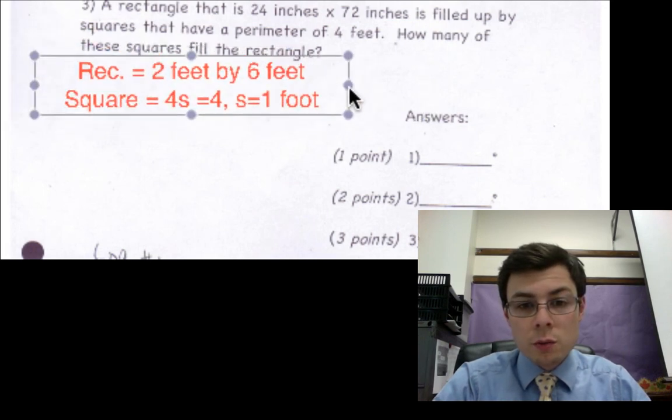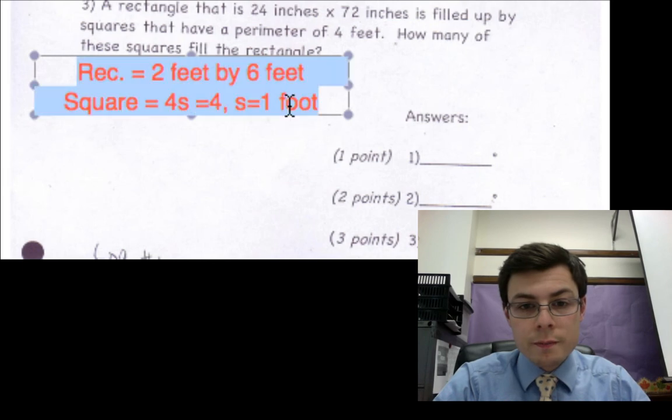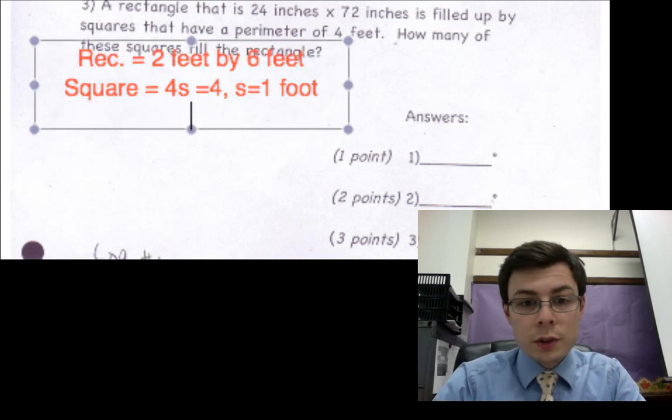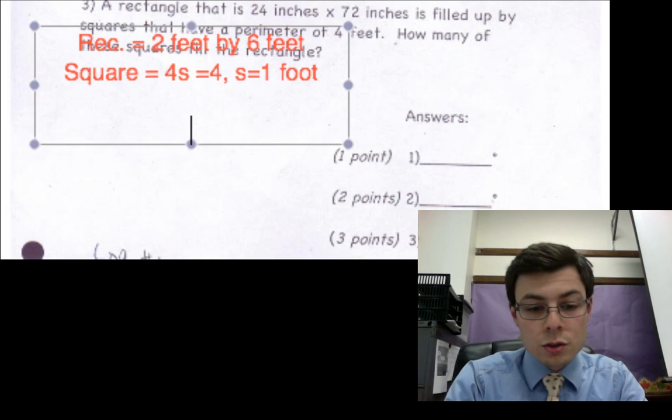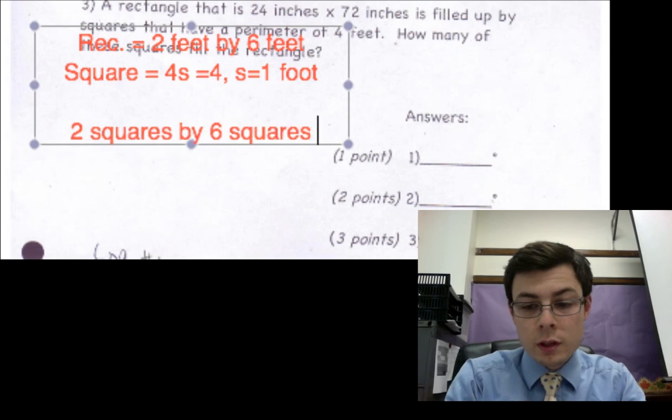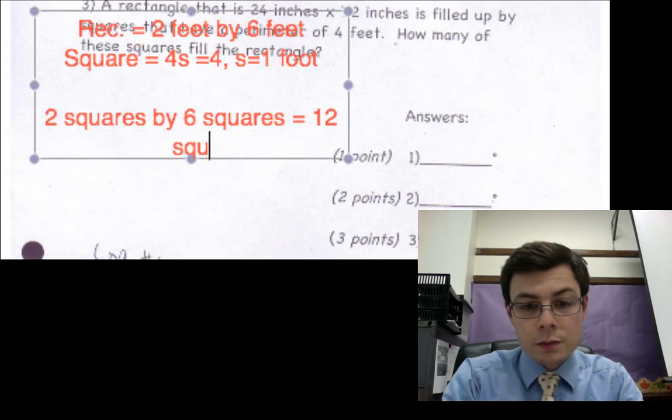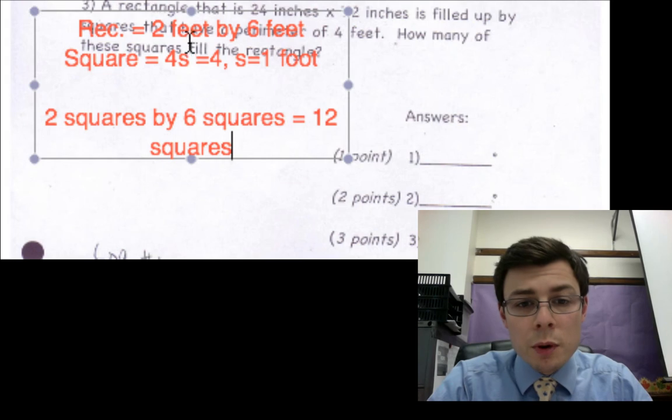So we'll say 2 squares by 6 squares equals 12 squares. The second way we could look at it is to say, what about areas?